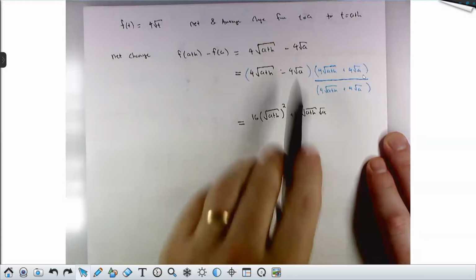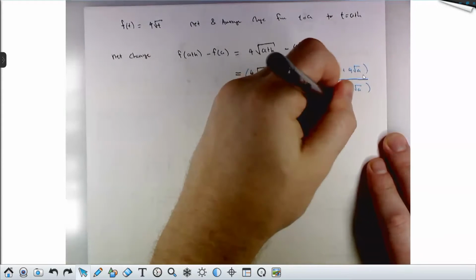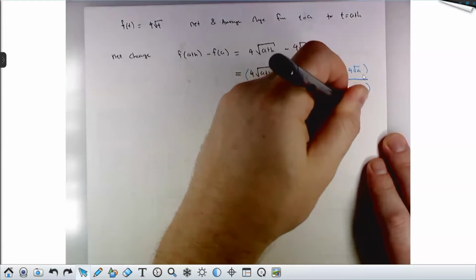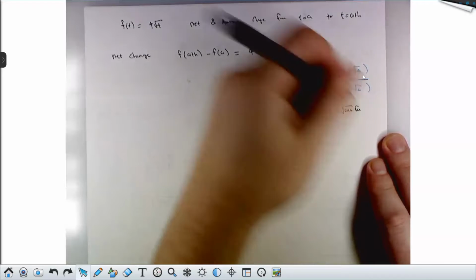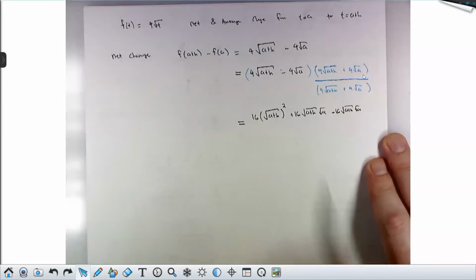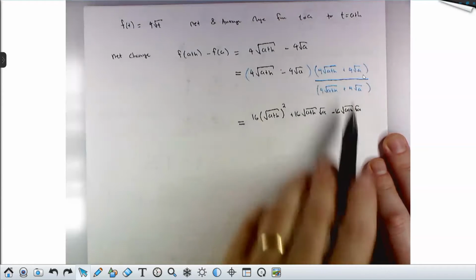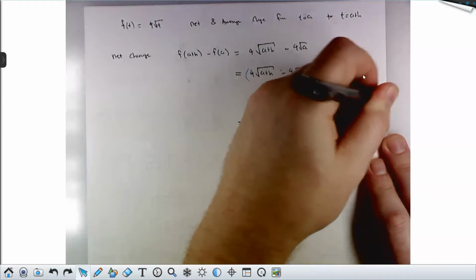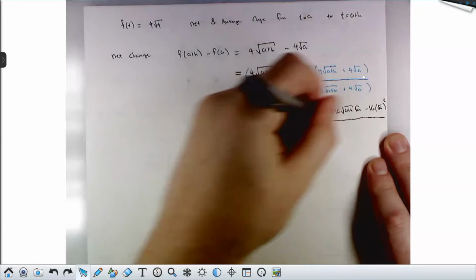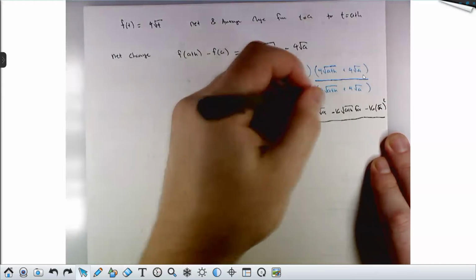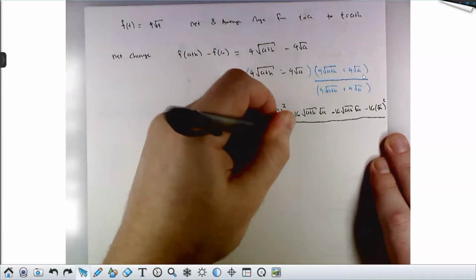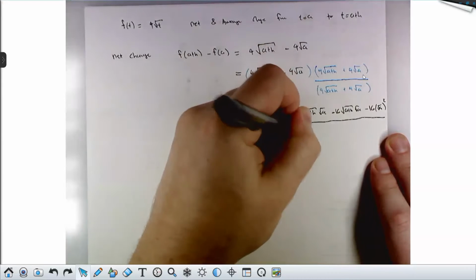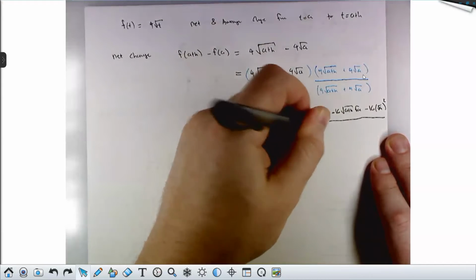My inners are the same thing, but with a minus. That's minus 16 root a plus h root a. And my lasts are minus 4 root a times 4 root a. That's minus 16 root a all squared. And then downstairs is just this piece, 4 root a plus h plus 4 root a.